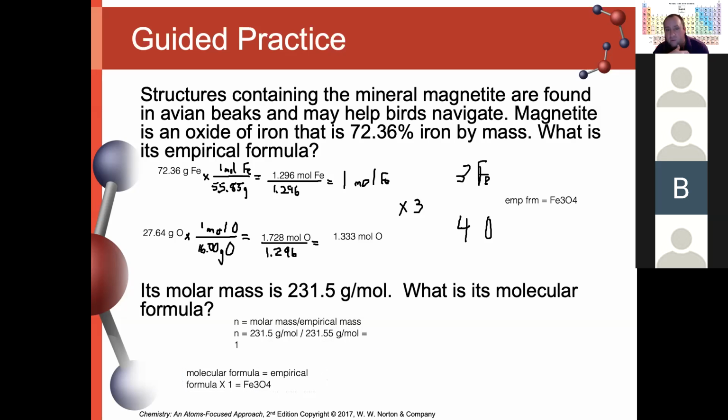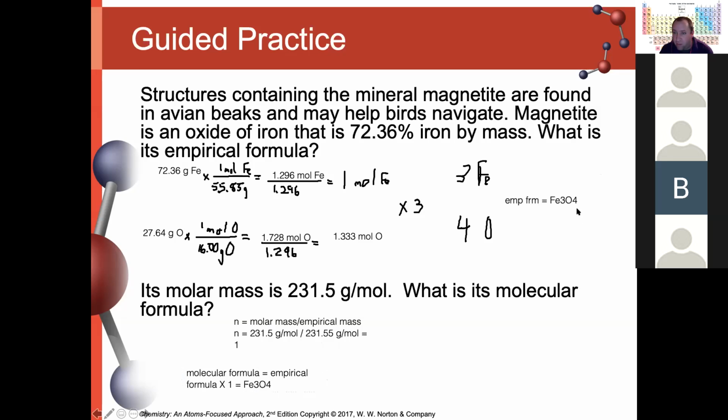And that's possible. That is entirely within the realm of possibility, that you can have an empirical formula and a molecular formula be identical to each other. That happens all the time. But the way that we're sure is we have to compare the two to each other.